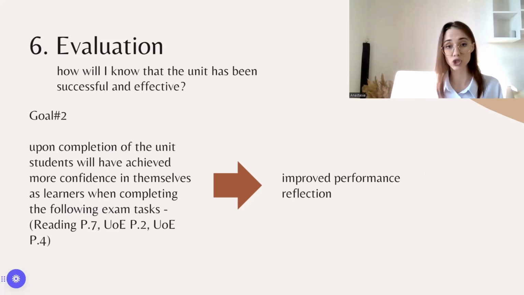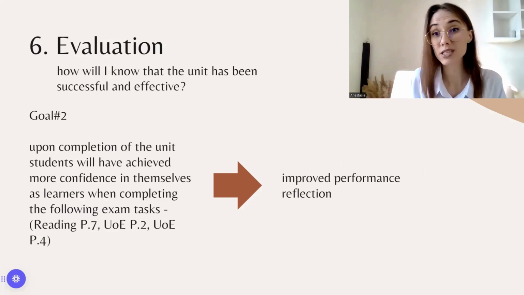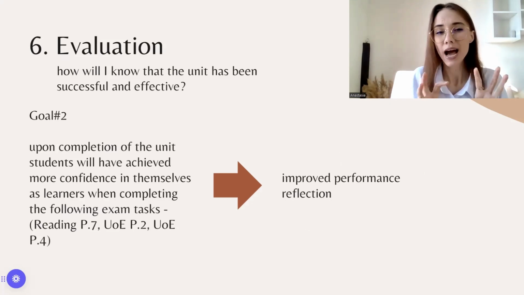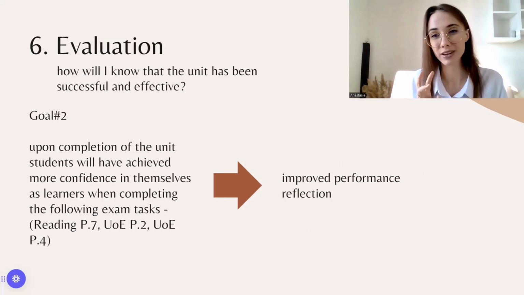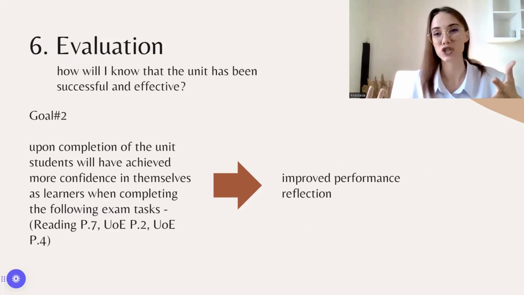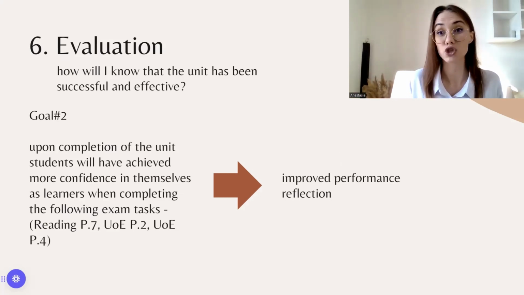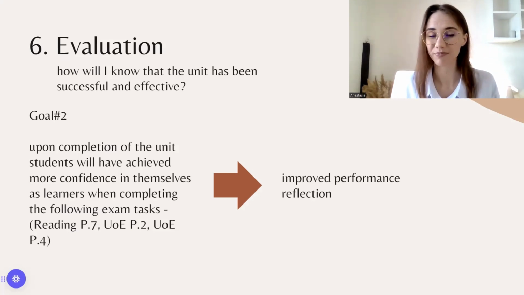And as I mentioned earlier, ideally we want to see improved performance, but evaluation can also happen in the form of reflection, because our goal has more of an abstract nature. Is it abstract, like confidence? I guess it is, right? It's your attitude to something. It's hard to measure. So I can ask students just to reflect if they have become more confident now.